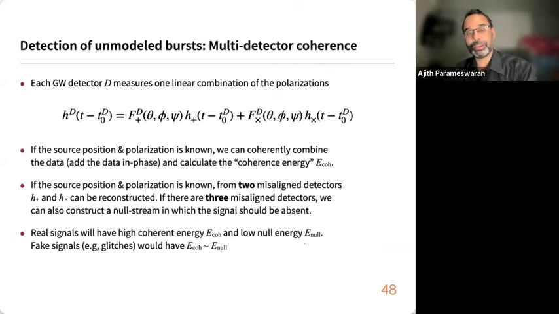And if you have multiple detectors, one could also use the expected properties of gravitational waves, and coherently combine the data to enhance the signal to noise ratio. One could also do some clever techniques.